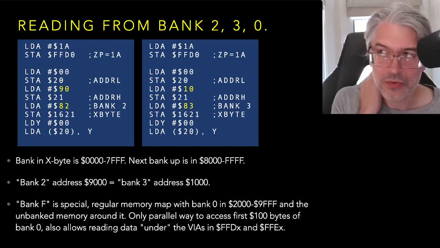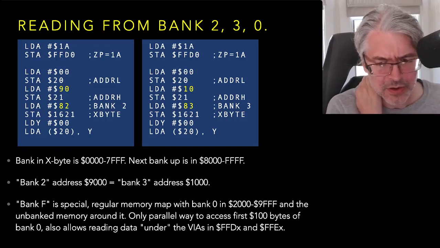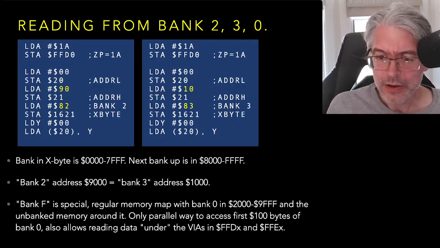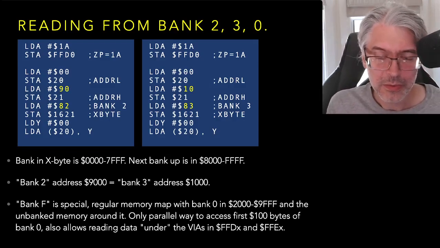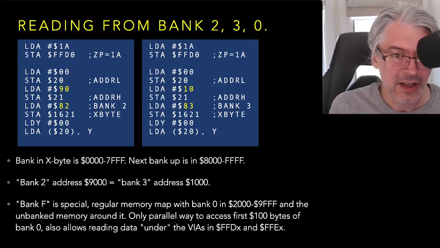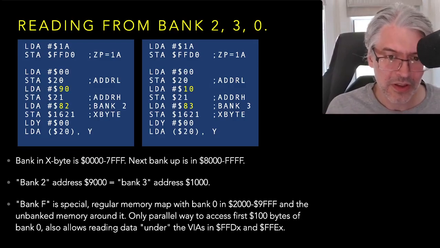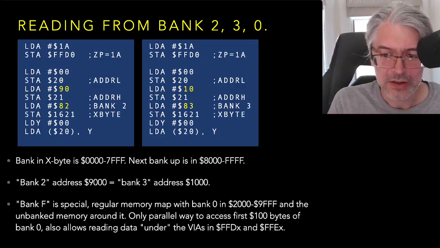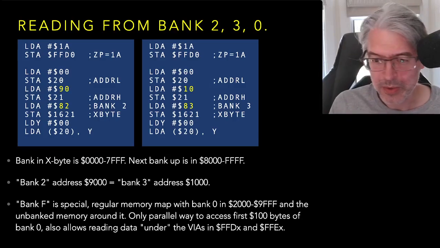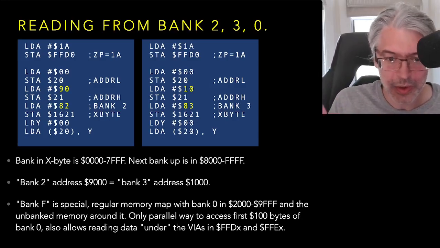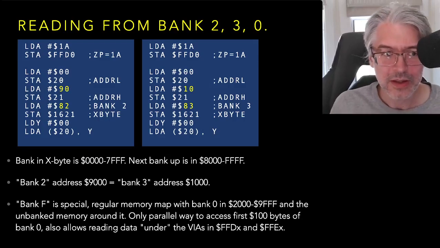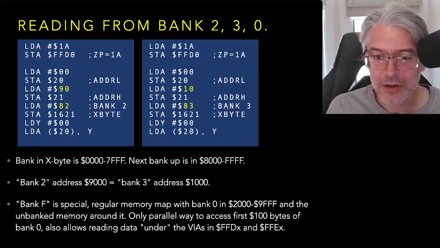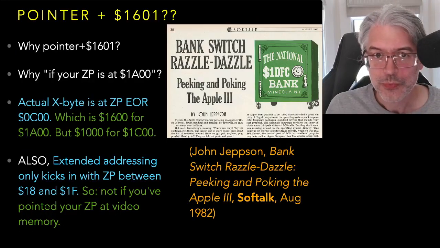So that's actually pretty useful for, well, I guess I use that for putting stuff in the graphics page, but also it's the only parallel way to access the first 100 bytes of bank 0. You can't bank it in and then refer to that, because if you do, it's going to go to wherever the zero page is set, because anytime you try to read from 0 to 100, it goes to the zero page, not whatever the indirect addressing tells it. Okay, anyway.